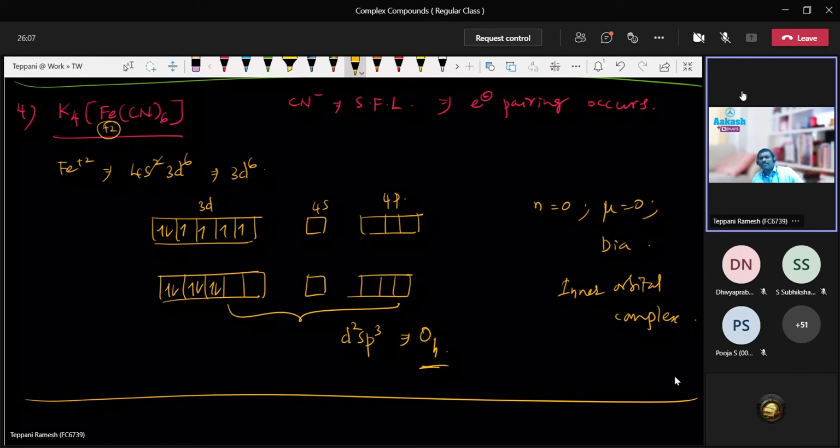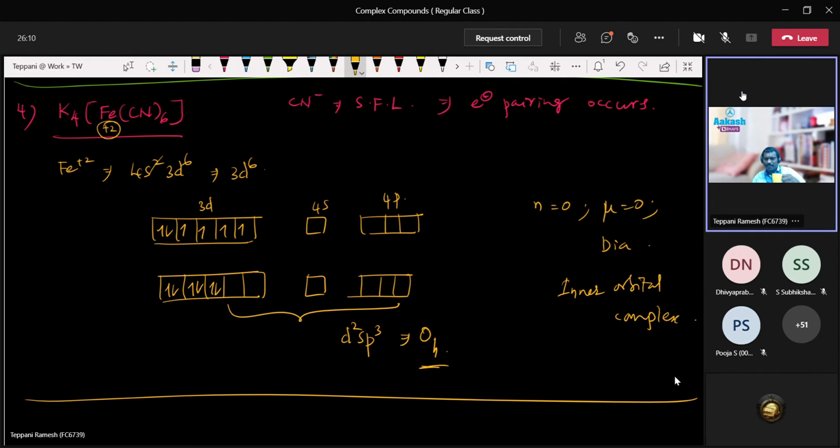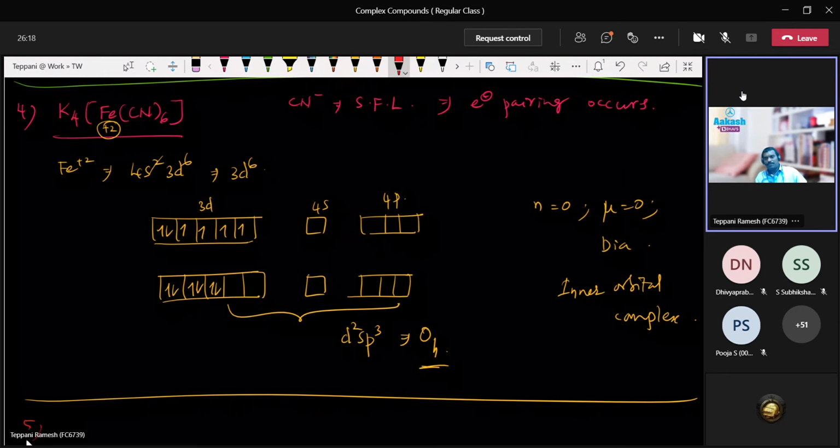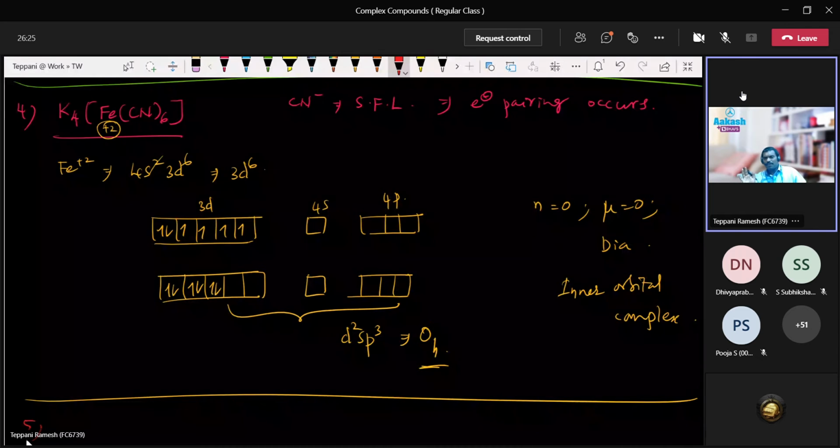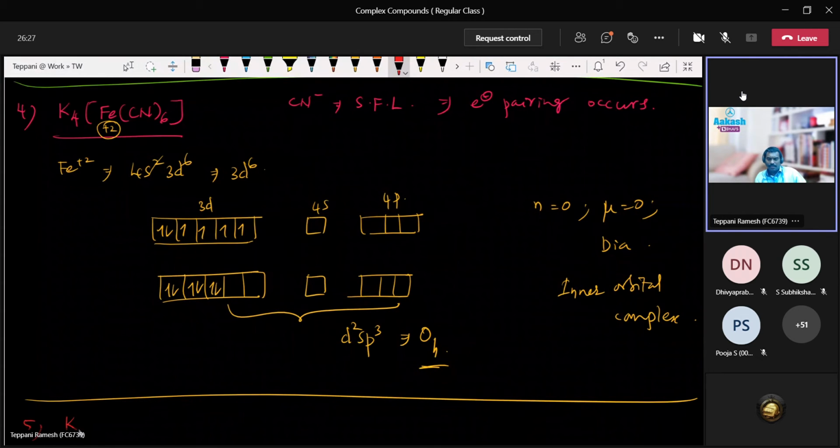How many times will we write? Once I wrote, okay? Remaining: low spin, spin paired, strong field complex, all carried here also.